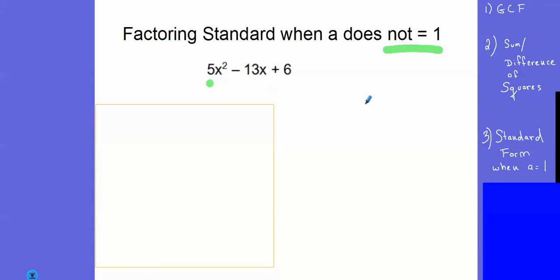Looking here, I see that I have 5x squared minus 13x plus 6. I want to remind people that our first job is to look for a GCF.